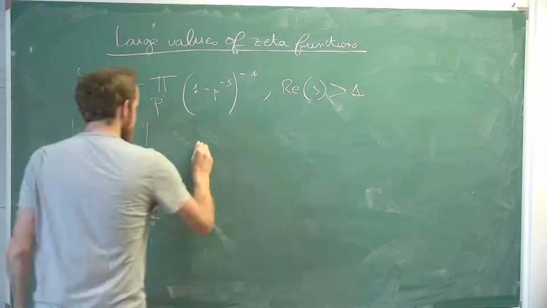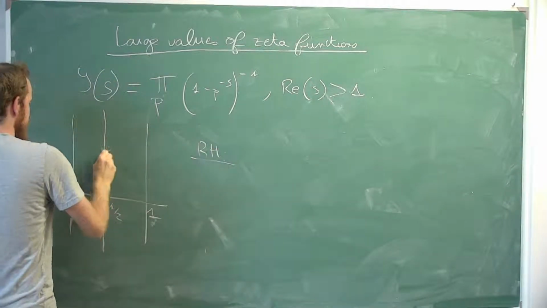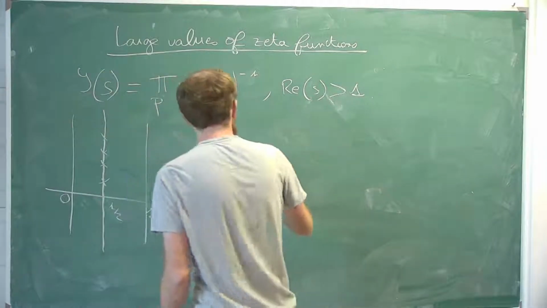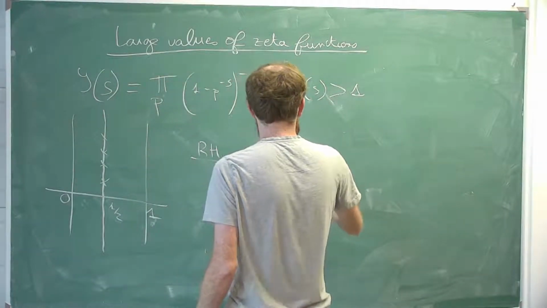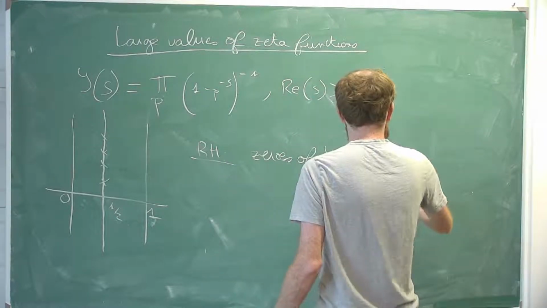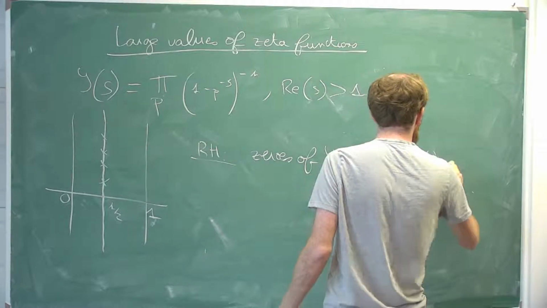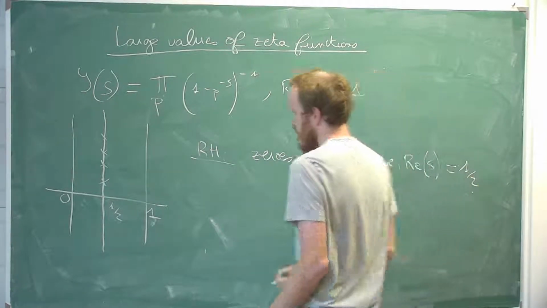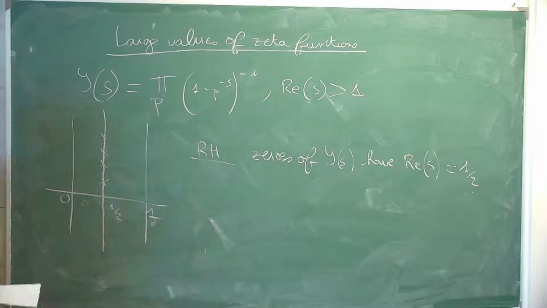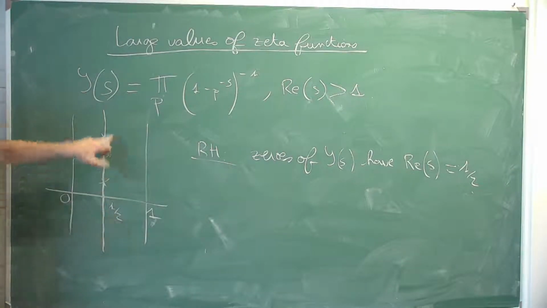And the Riemann hypothesis says that all the zeros of zeta are on this central line. So we see that it's very important to understand the zeta function on vertical lines.